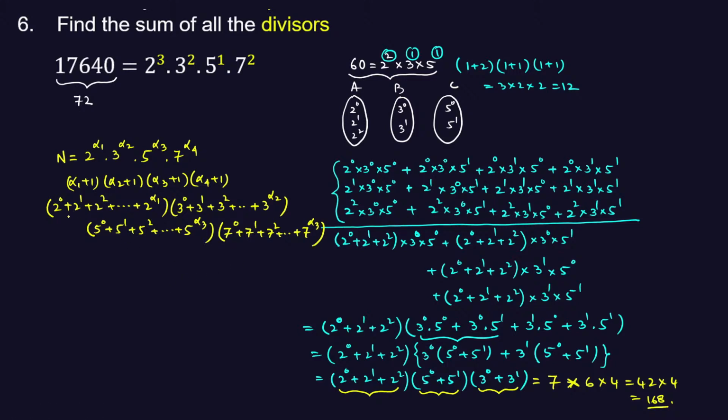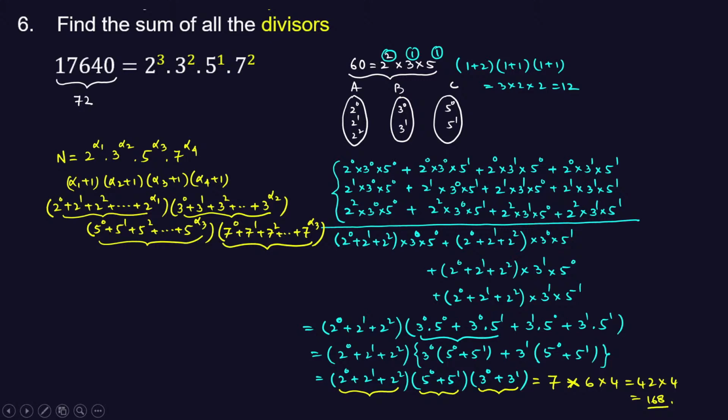So whatever answer we are getting from here, multiplied with this one, multiplied with this one, and multiplied with this one, will give us the sum of all the divisors of that natural number n. Is it clear to everyone? So we will treat this thing as a formula, right?